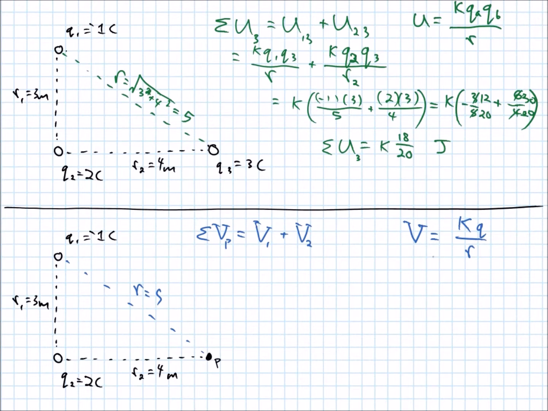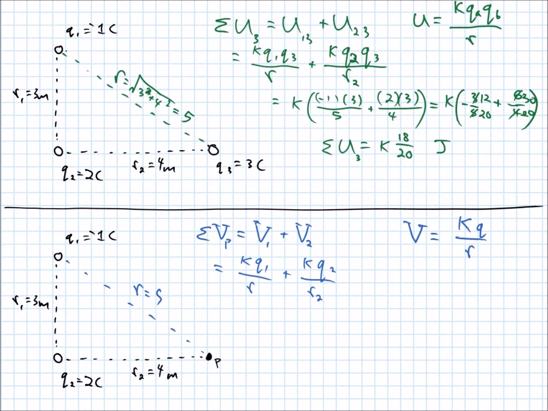And let's continue. So this is going to be kQ1 over the distance to Q1, which is this r, plus kQ2 over the distance from P to Q2, which is r2.